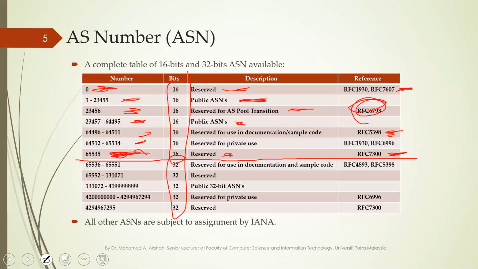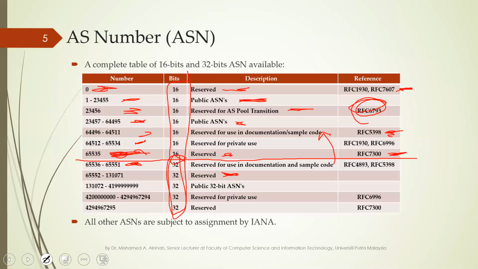Then based on the new RFCs, later after they expanded to 32, there are other ranges here. From here, this range is reserved for documentation and sample code, similar to this. And this one is reserved maybe for research, or I don't know what it's reserved for.